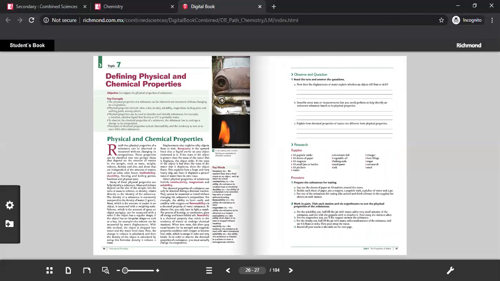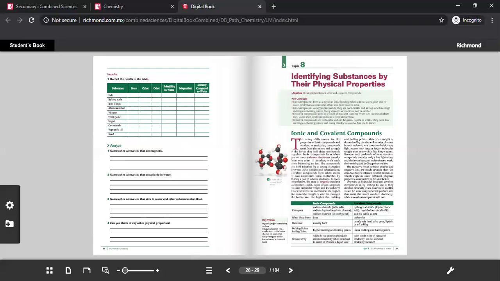Then we went on to define the physical and chemical properties of matter. And first, we made sure that we did understand the physical properties, which is, I would say, easier to identify than the chemical properties.